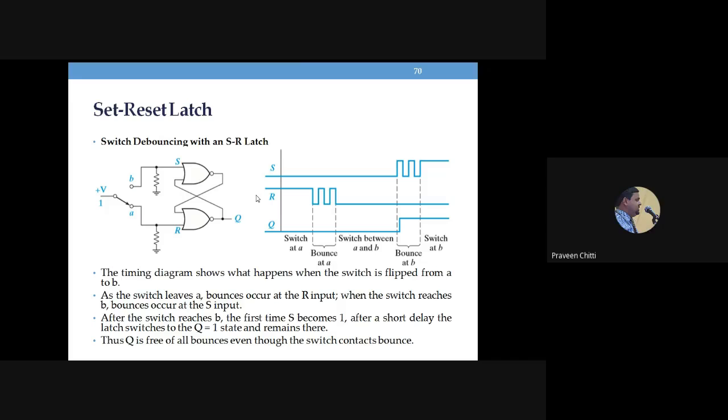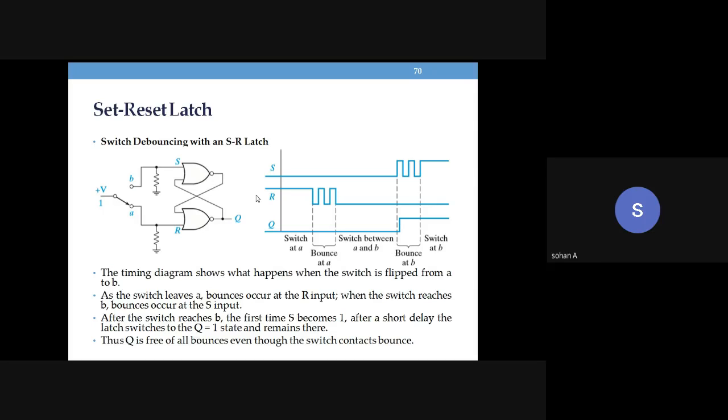Yes, sir. Can you explain? Give a try. First of all, switch bouncing is the action of metal contacts physically touching; the metal contacts bounce upon each other.